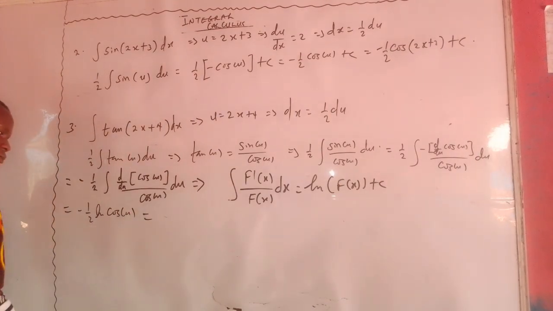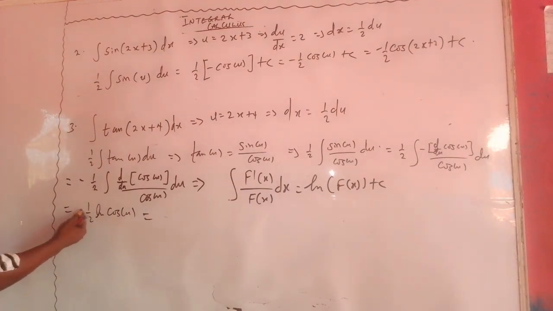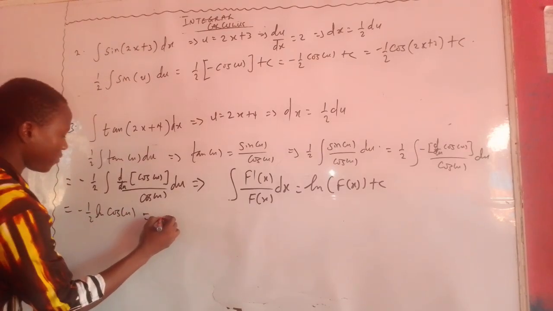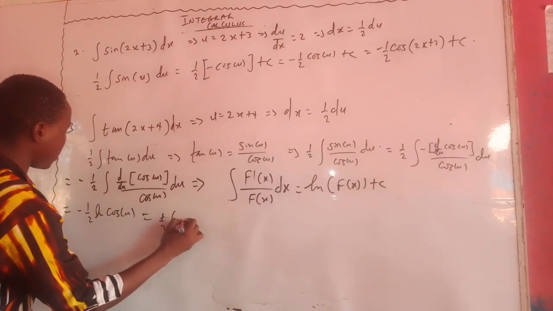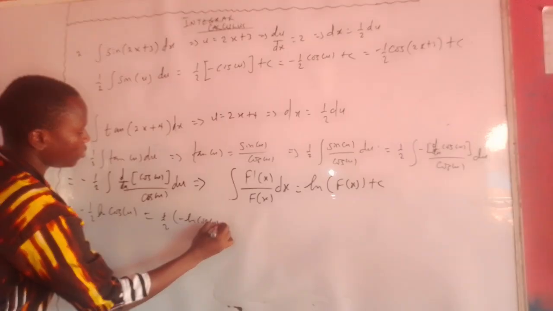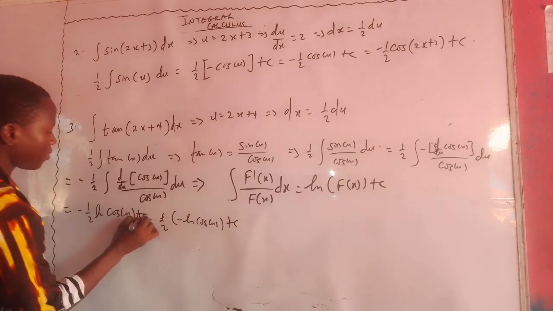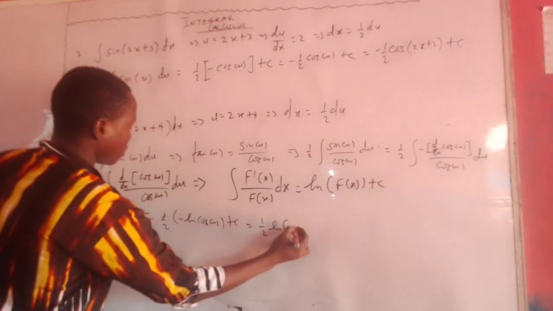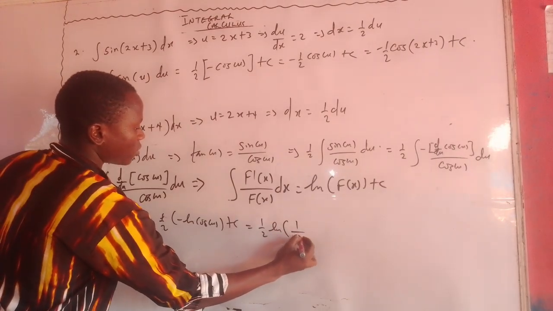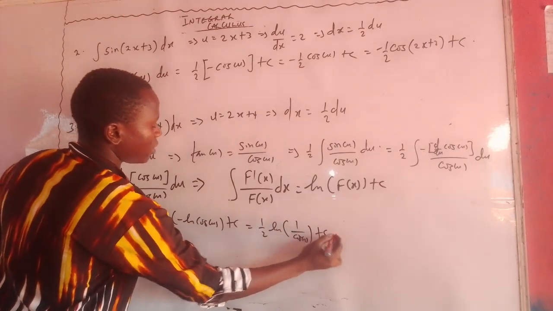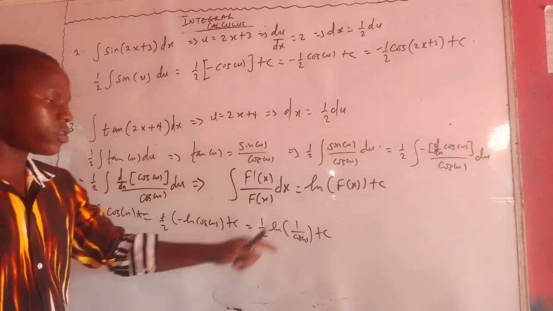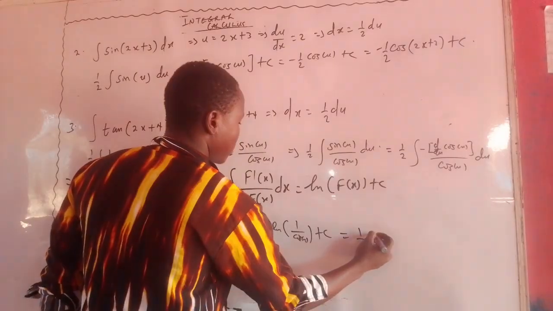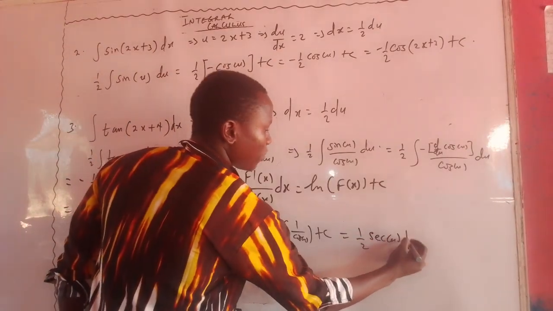This negative sign, you can also write as 1 over 2 multiplied by natural log of 1 over cos u, plus c, don't forget the plus c. And 1 over cos u is sec u.